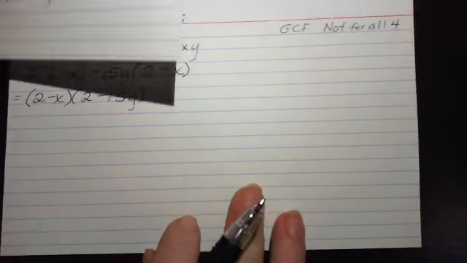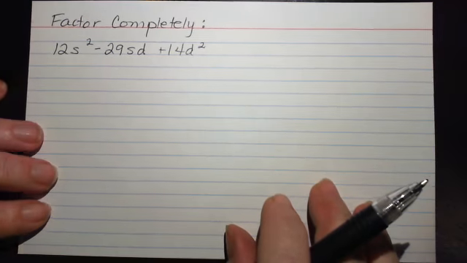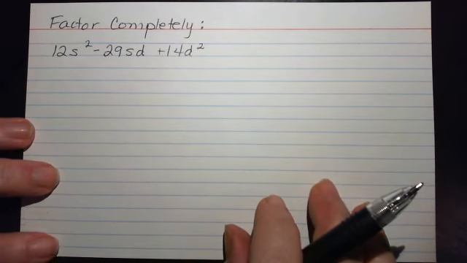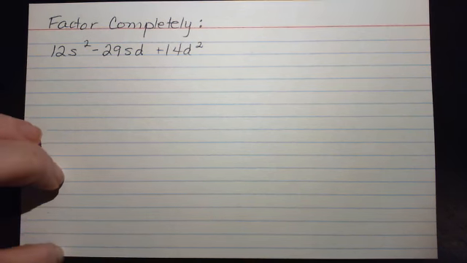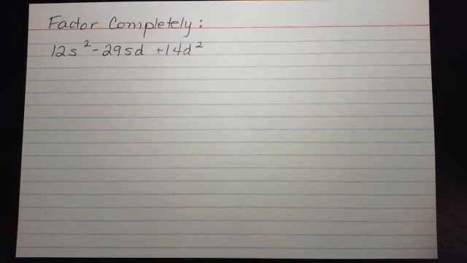Okay, let's look at another factoring problem: factor completely. Let's count the terms here. This polynomial has 1, 2, 3 terms.